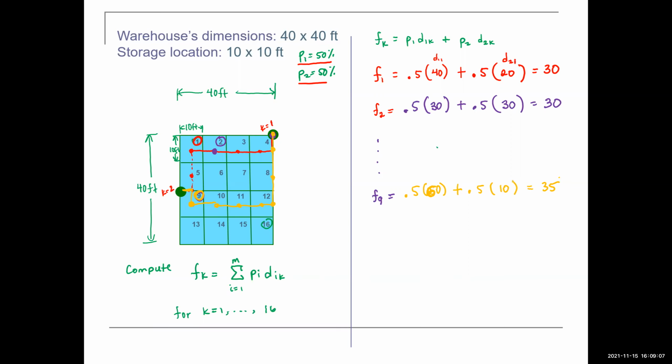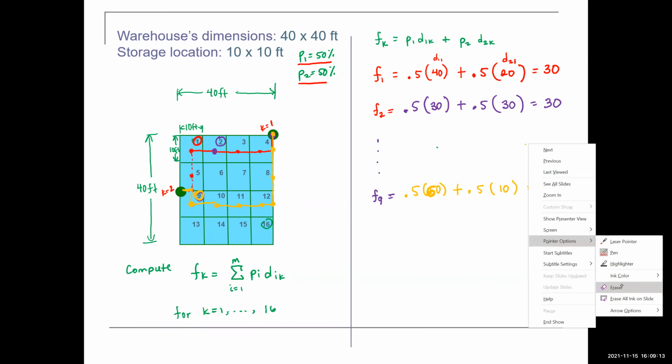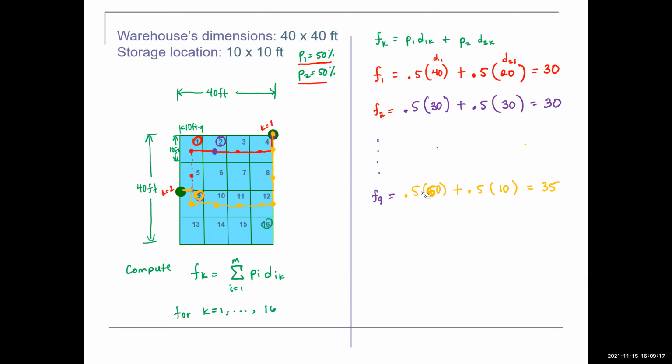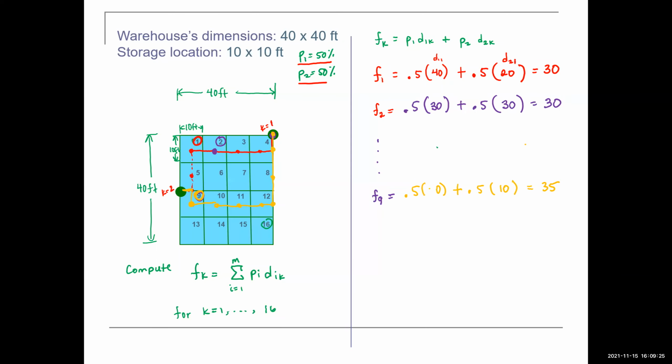Yes, the 60. So good question. So I'm measuring the distance from each centroid for each square. So I'm looking at F9 now. So I'm going from F9, which is this square, from this centroid to this door.